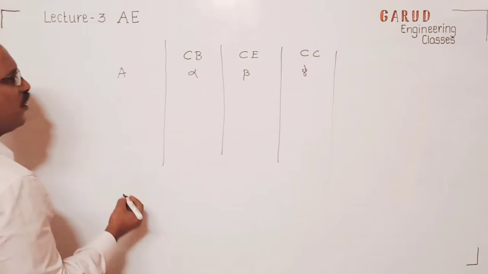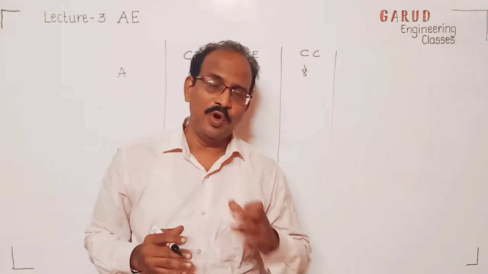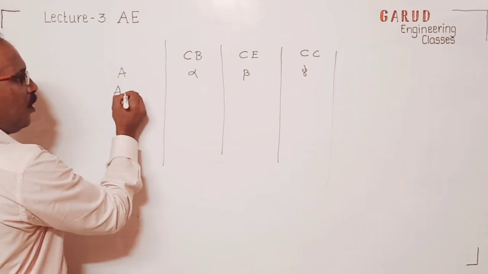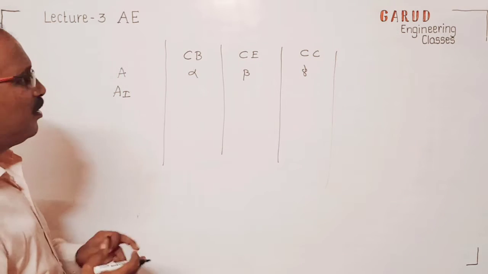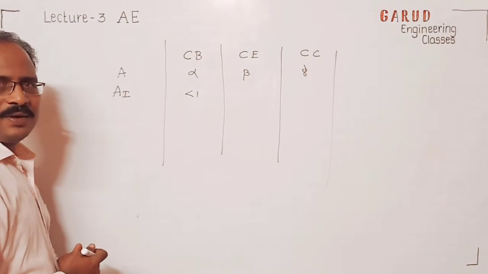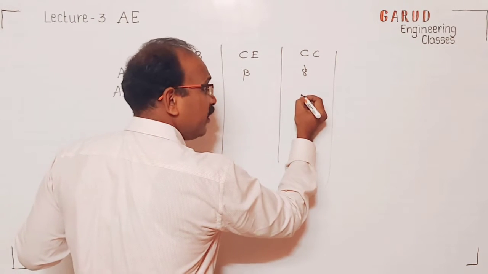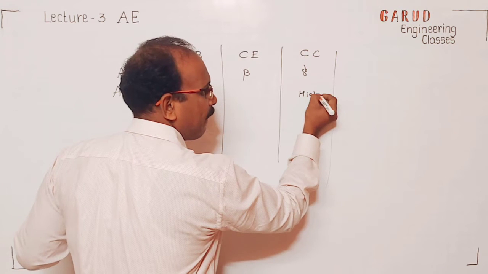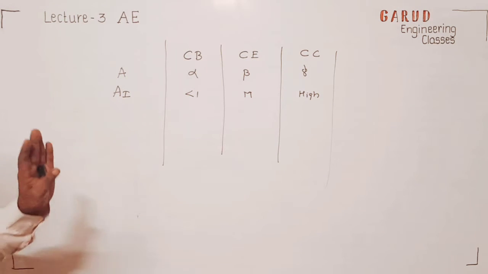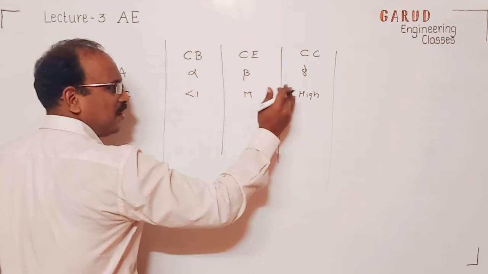Now an important thing about this. As I told last time, there are different types of amplifier: voltage amplifier, current amplifier. So I consider this. What about amplification factor? You know alpha is less than 1. Current amplification here is high, and this is medium.